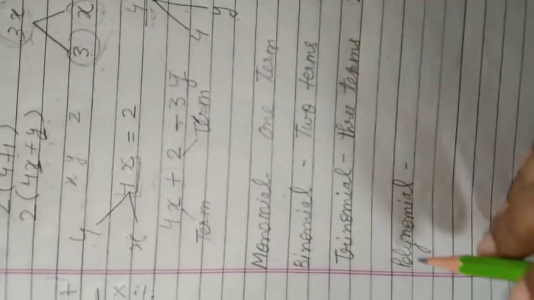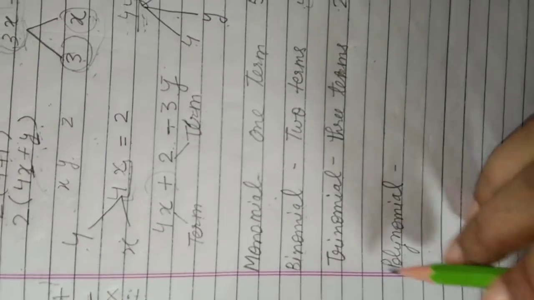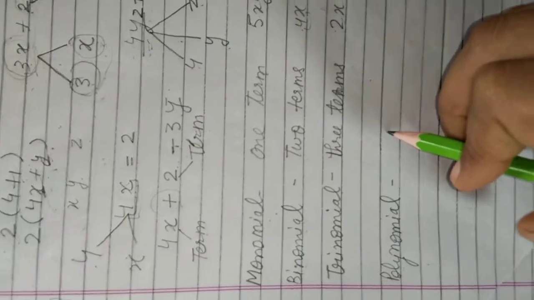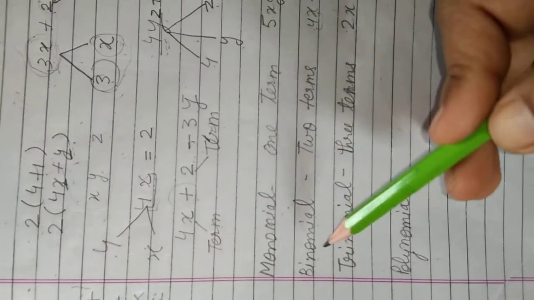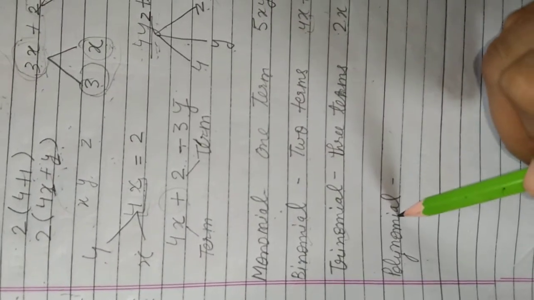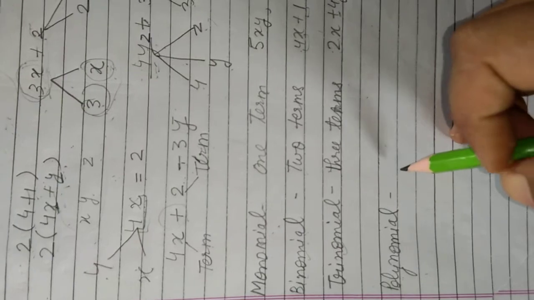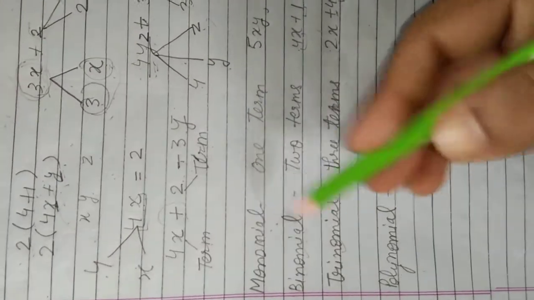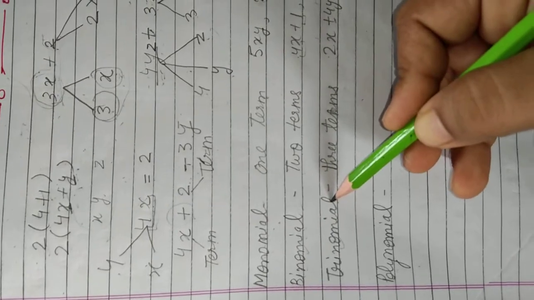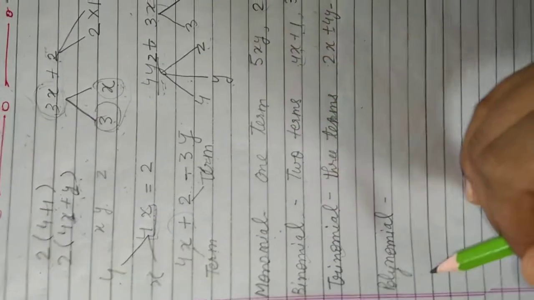Now it's time for polynomial. What is a polynomial? You cannot write here that a polynomial has 4 terms. No. Actually, monomial, binomial and trinomial are all polynomials, because if an algebraic expression has 1 or 2 or 3 or more than 3 terms, that algebraic expression is called a polynomial.